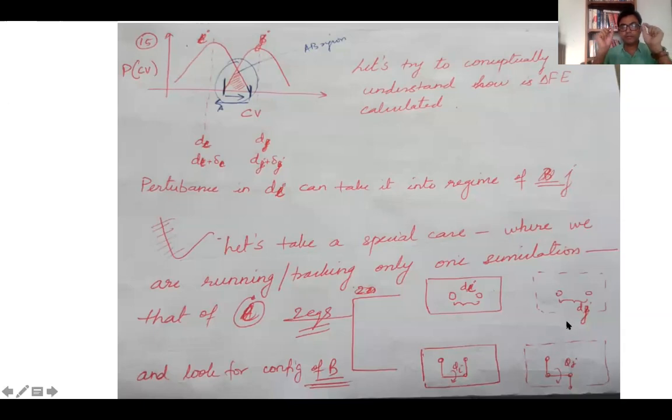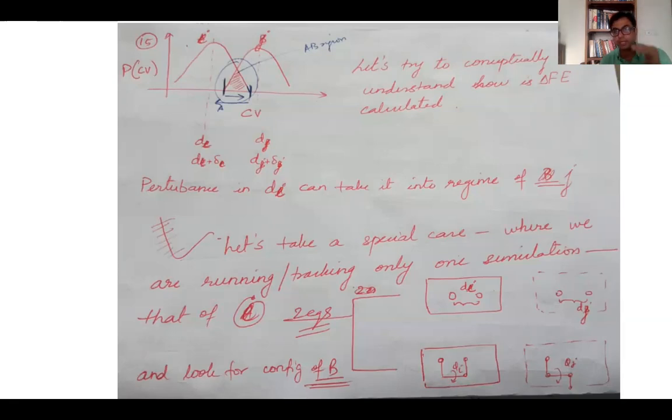Imagine that you have two particles, sodium and chloride, at a distance di, in a box solvated with water, and you want to simulate the whole thing at di. Since they are moving about, there is another distance that it can sample, which is a distance dj.